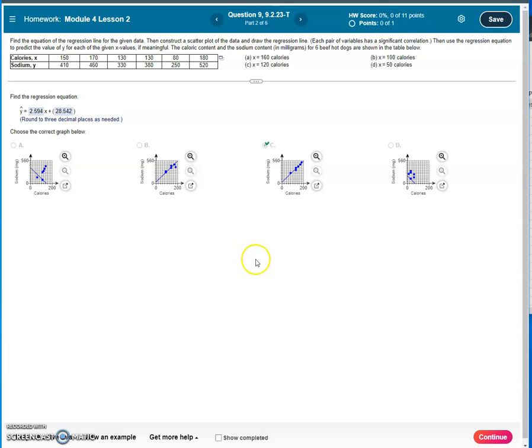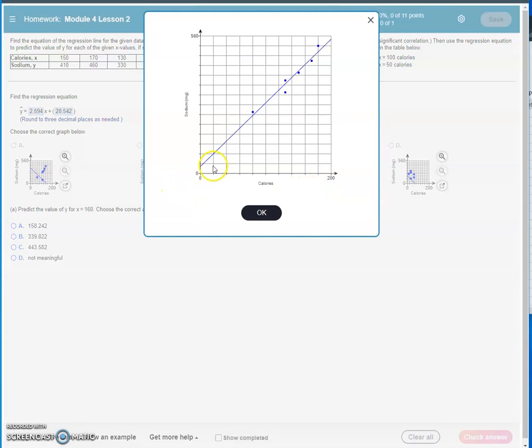All right, and now predict the value of y when x is 160. Basically the line of best fit, the linear regression line, will let you pick the value of the sodium for any value of the calories.